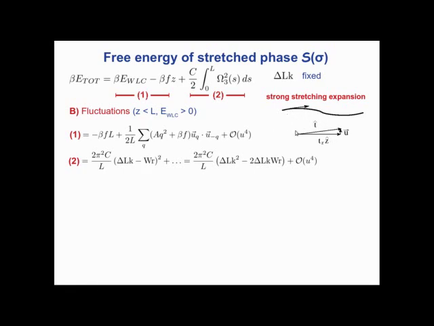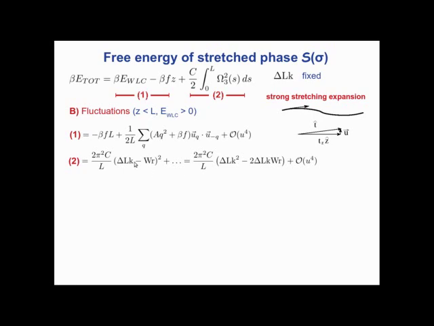I can, and that will be an exercise for the students, write this writhe in terms of this u vector. If you do that, you realize that the writhe is order u squared.